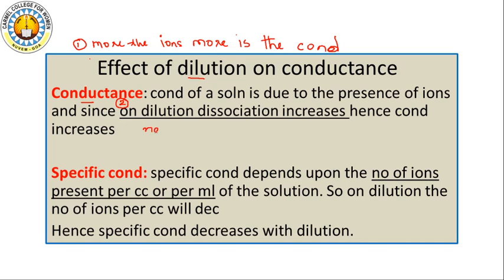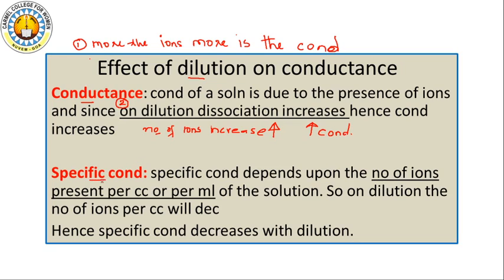So when the number of ions increases, I have mentioned to you in point number 1, more the number of ions, more will be the conductance. So conductance will increase when you dilute the solution.